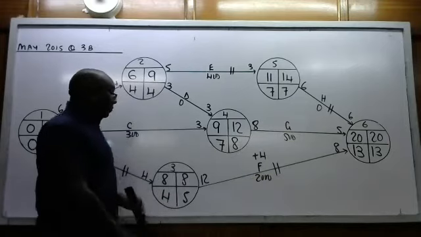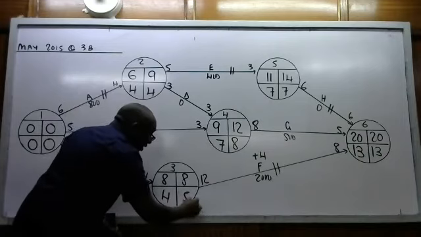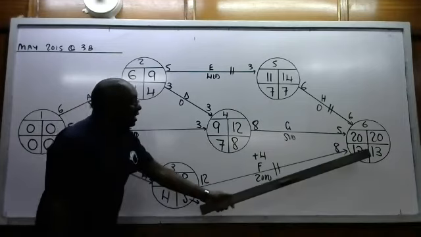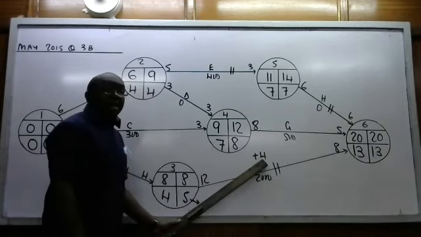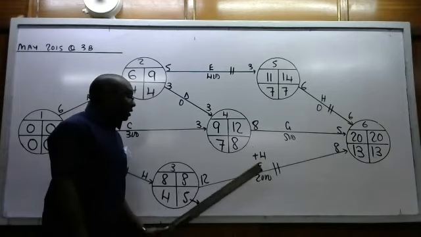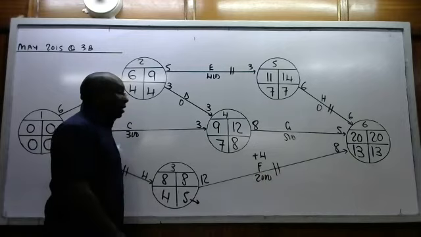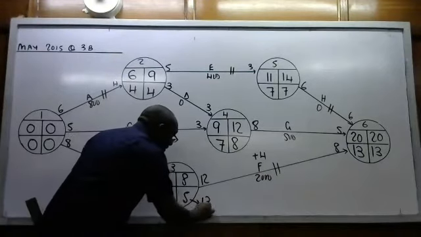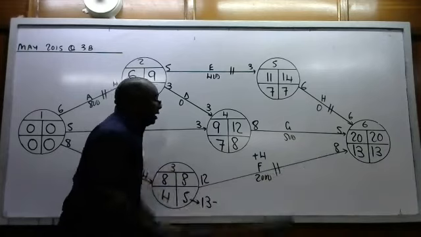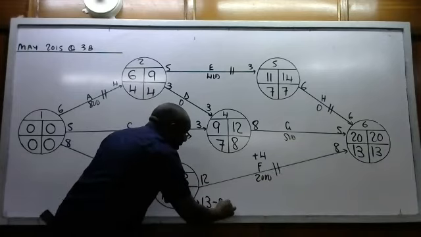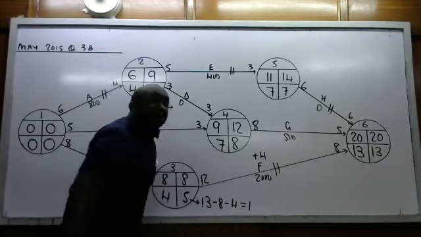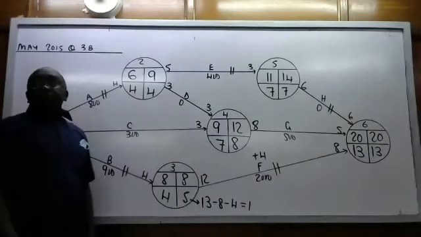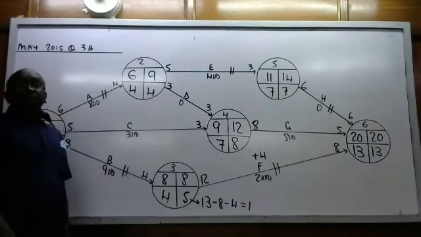If we have to complete by 13 days, and we must also return the 4 days here, then when should F begin? The answer is 13 minus 8 minus this 4 that we are returning. And the answer is 1.